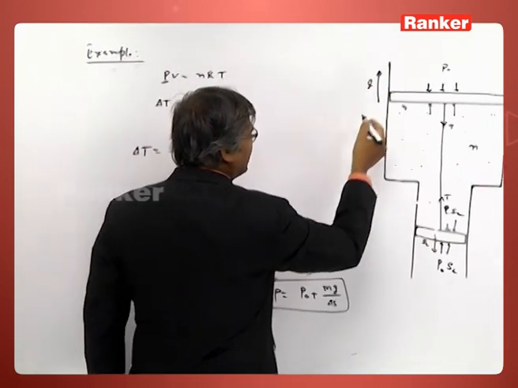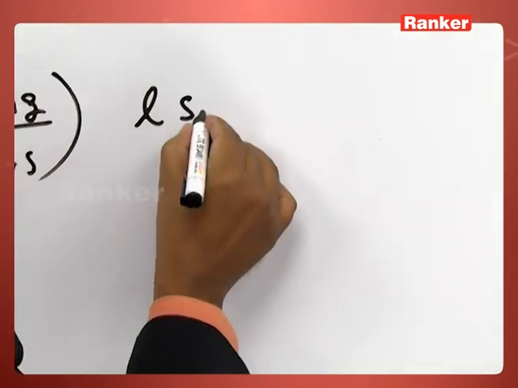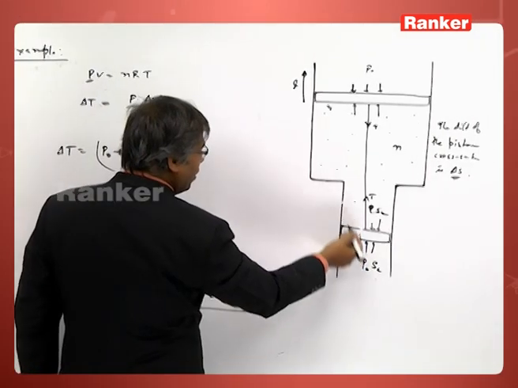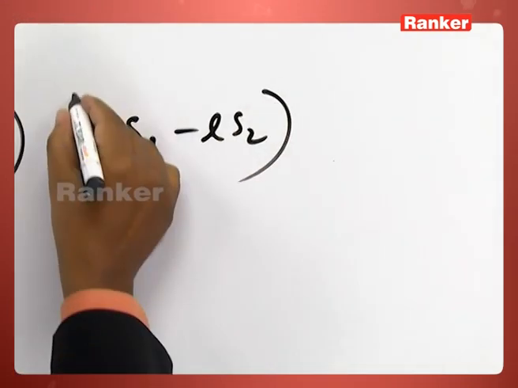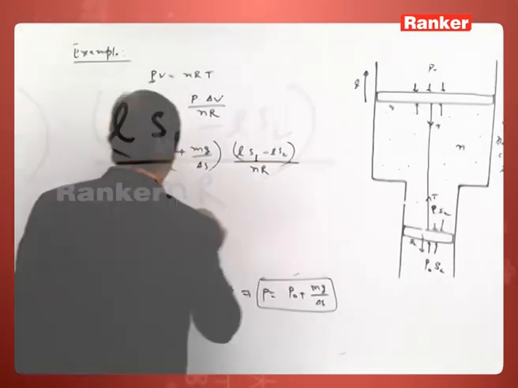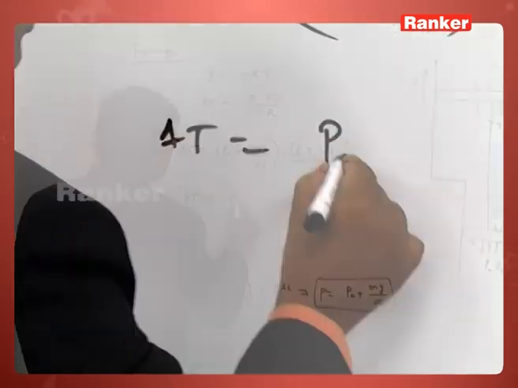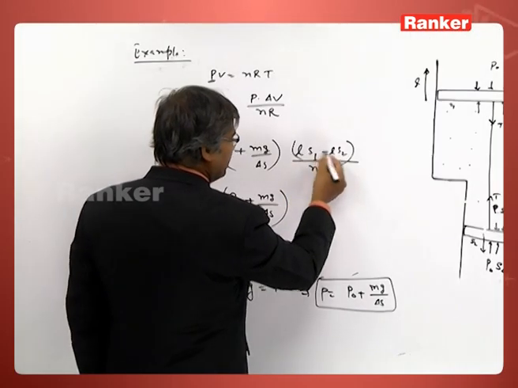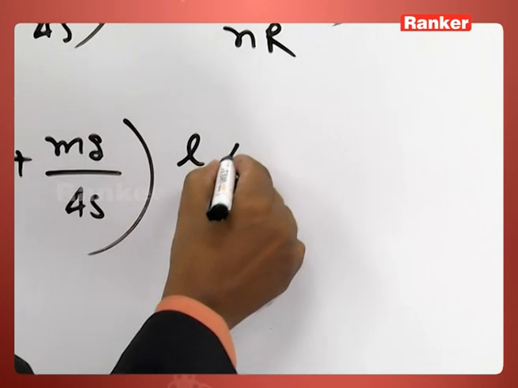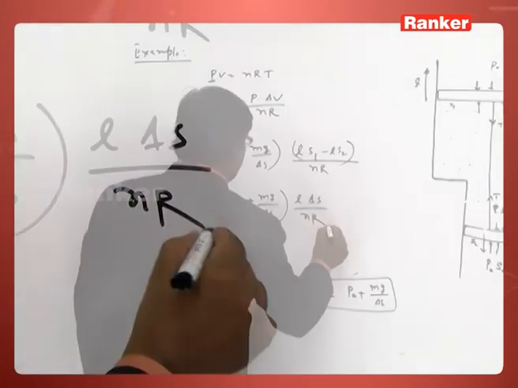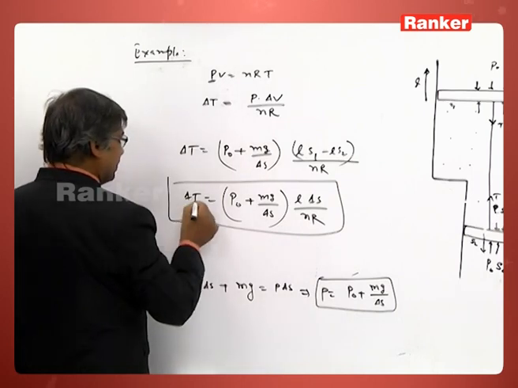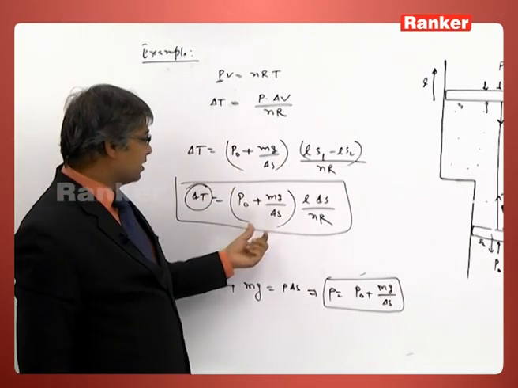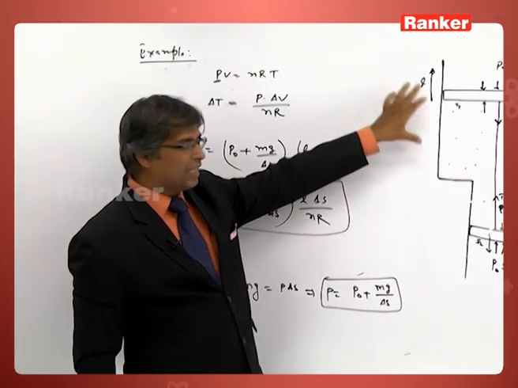If I move L distance, my increment in volume is L times S1 and the decrement in volume is L times S2. So delta T becomes P naught plus mg by delta S into L times S1 minus S2, that is L delta S, by nR. This is the increment in the temperature of the gas inside that should be done in order to move these pistons L distance.